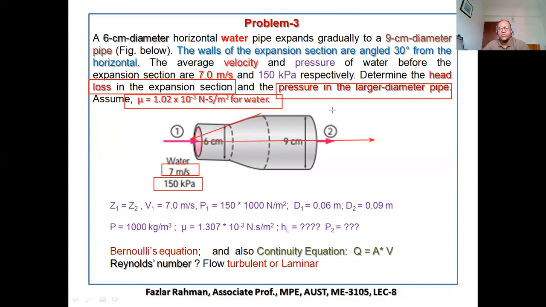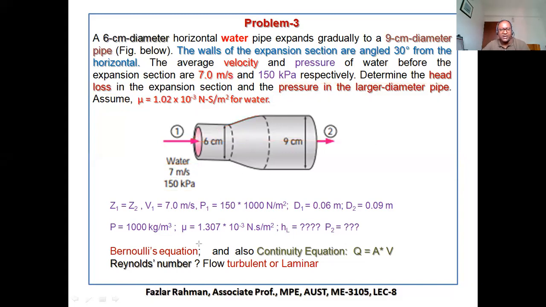Now how can we solve this problem? Obviously, without Bernoulli's equation, you cannot do anything. So we need to apply Bernoulli's equation at points 1 and 2. This pipe is horizontal, so if you apply Bernoulli's equation at points 1 and 2, obviously Z1, Z2 will be the same.